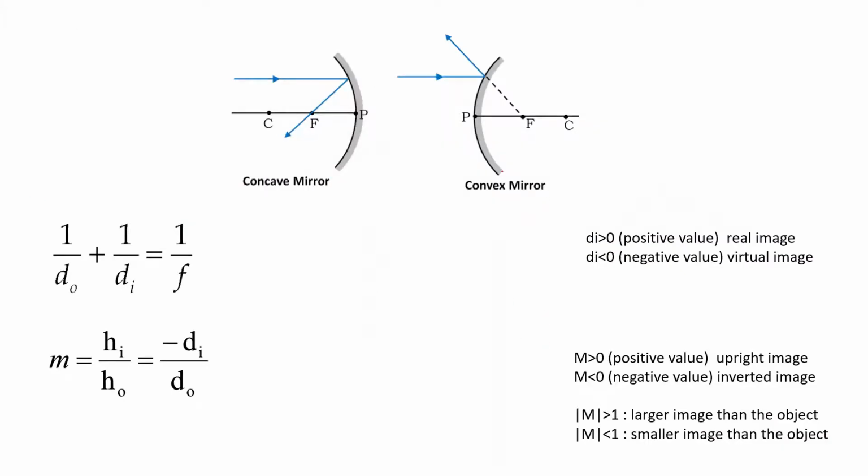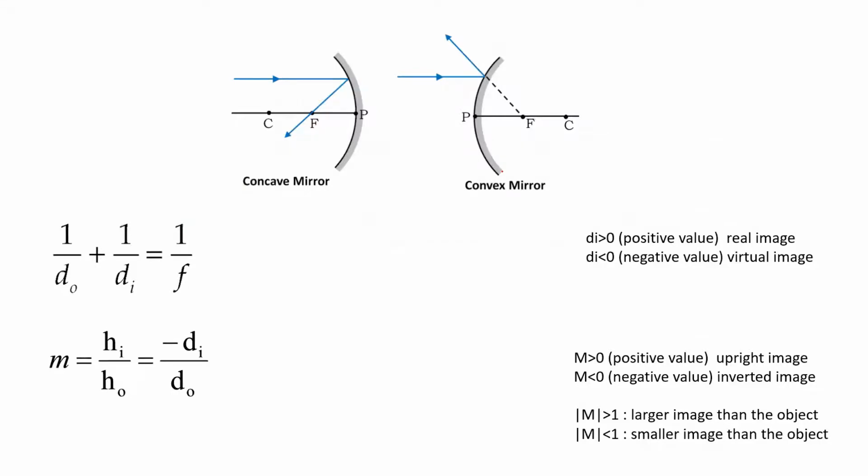So knowing how to draw those ray diagrams is useful, but knowing how to use the equations is more useful than that. So we are now going to look at how to do whatever we did before.